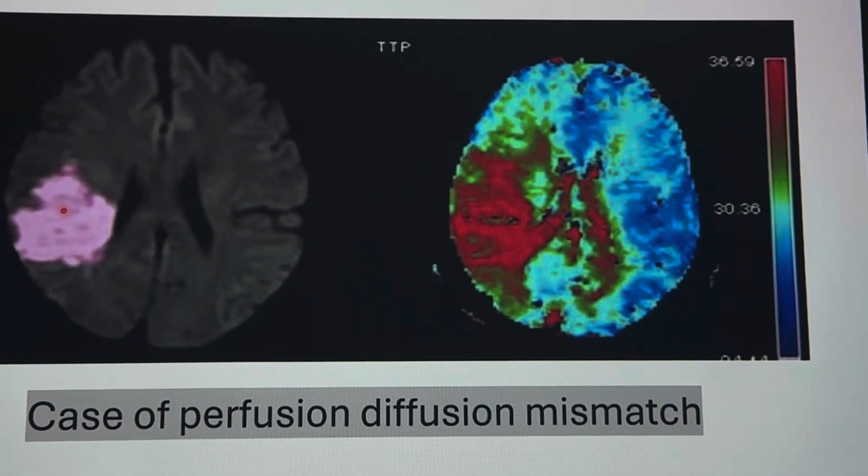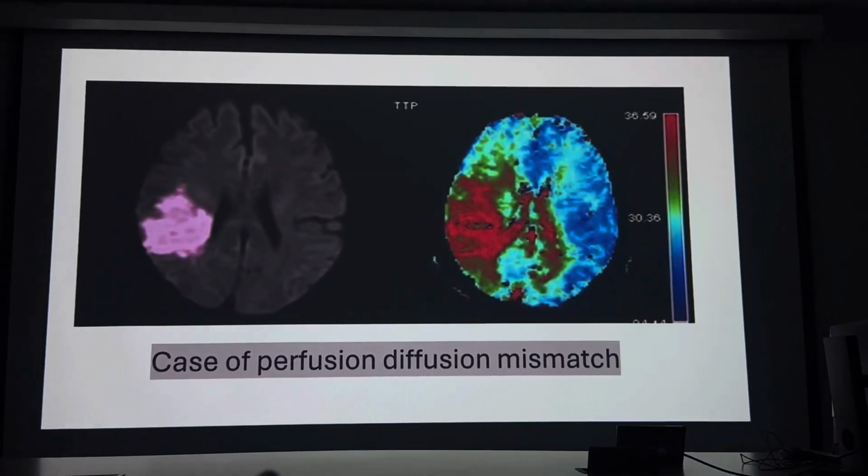By the way, the diffusion restriction in MRI represents the infarct core, and the MRI perfusion maps indicate the penumbra compared to the core inside. Here we find a difference and mismatch between the area of MRI perfusion compared to the diffusion, which indicates there is a large penumbra compared to the central part of the infarct.